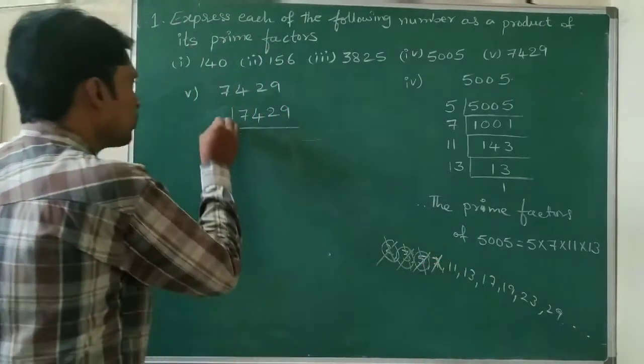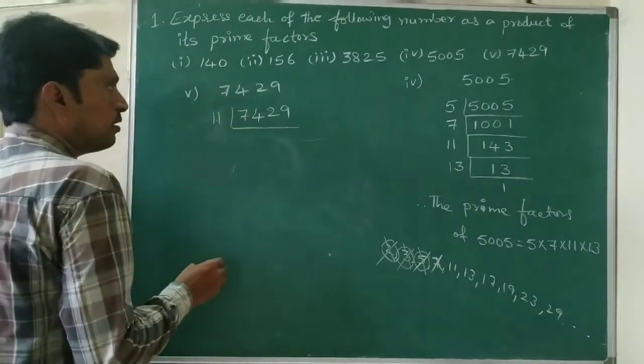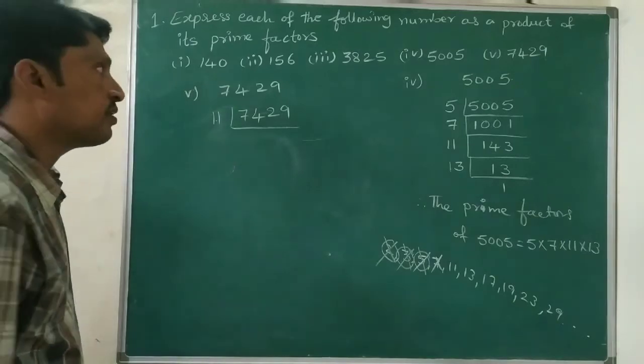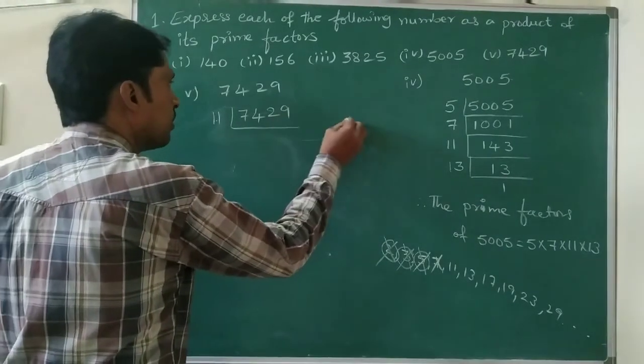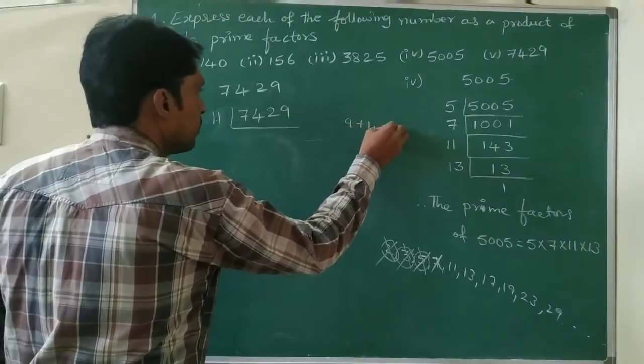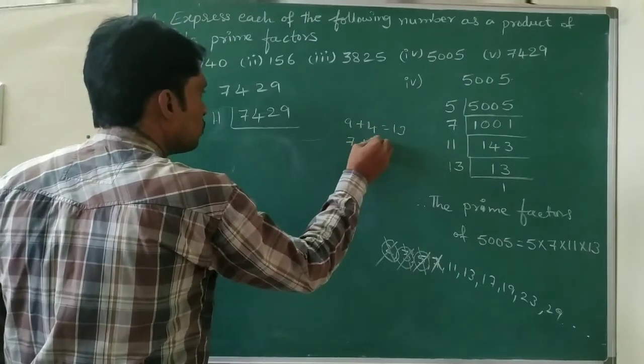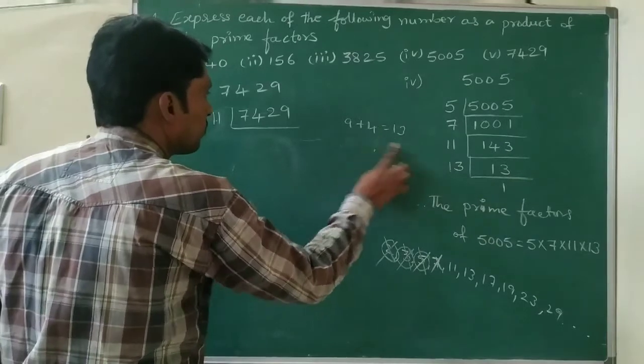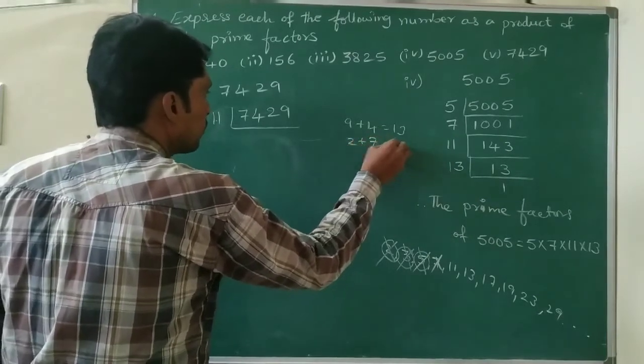Now 11 you have to take. 11, what is the divisibility rule? Sum of odd place digits and even place digits. Odd place digits means 9 plus 4, that is 13. 7 plus 2, or 2 plus 7, that is 9.